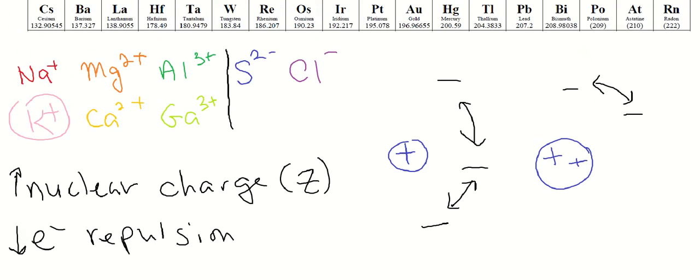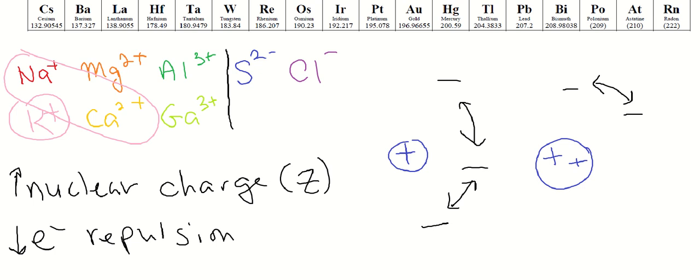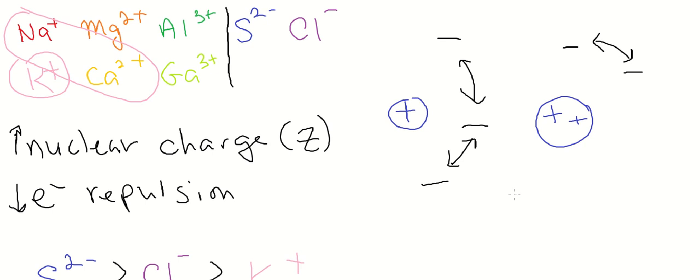Now, these here are going to be a little tricky. I don't know how you would distinguish, using just the periodic table, if you were just a general chemistry student. I don't know how you would know which one is larger. So I'm going to stack them on top of each other. Now the reason these are going to be similar is because these ions have an extra energy level of electrons.